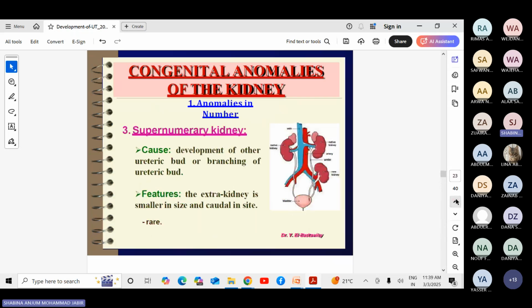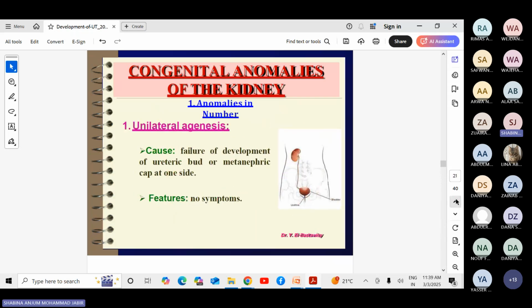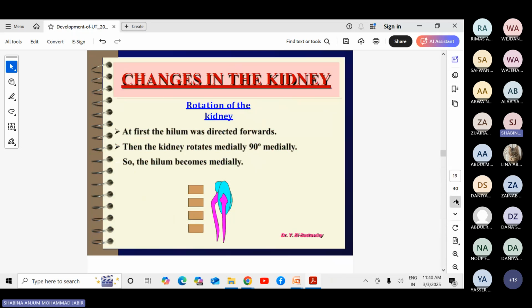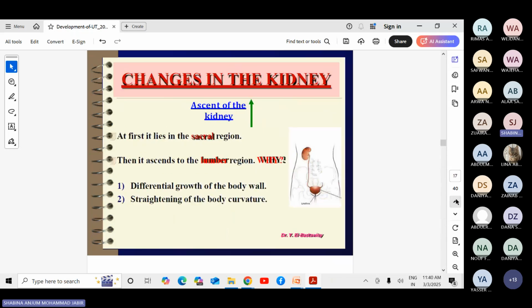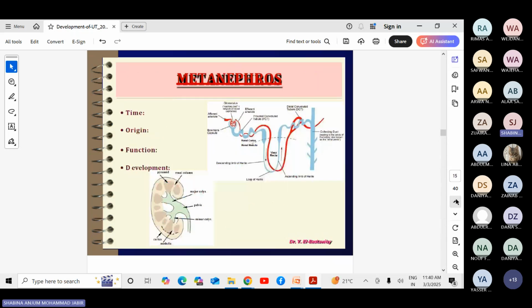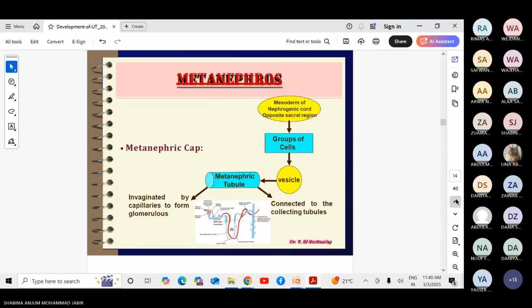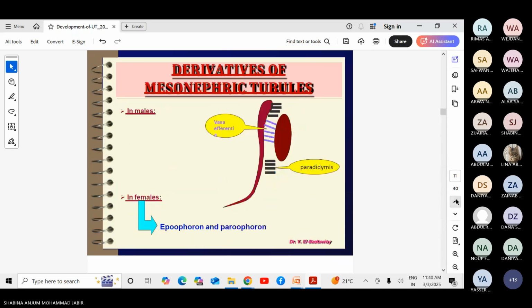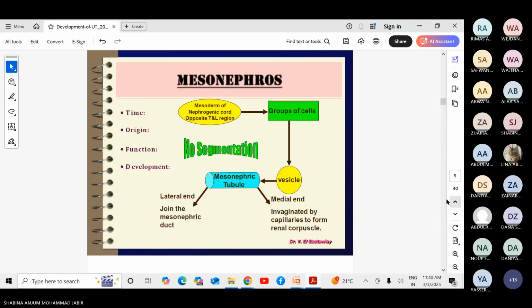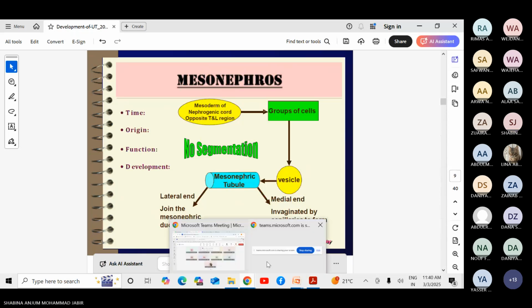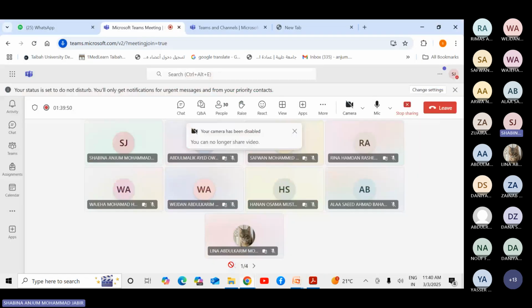The kidney is also very easy, but you should know the two sources and the pronephros, mesonephros, and metanephros. So I will finish here. Any questions?